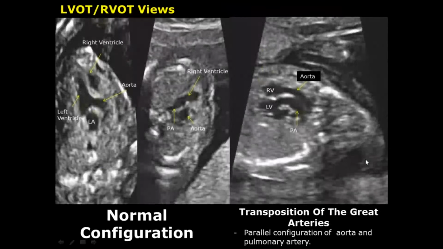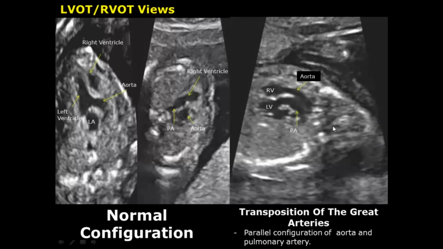In transposition of the great arteries, the aorta and pulmonary artery switch places. Normally the aorta and the pulmonary artery cross each other. Normally they are not parallel to each other, but in transposition of the great arteries, they have a parallel configuration.